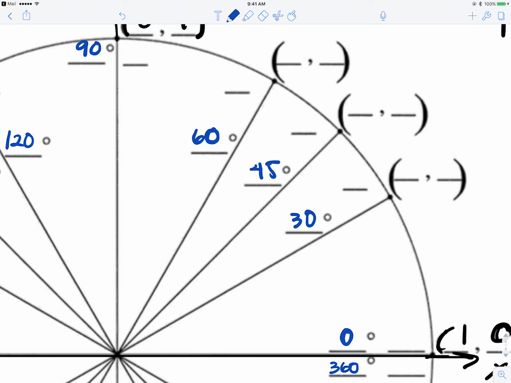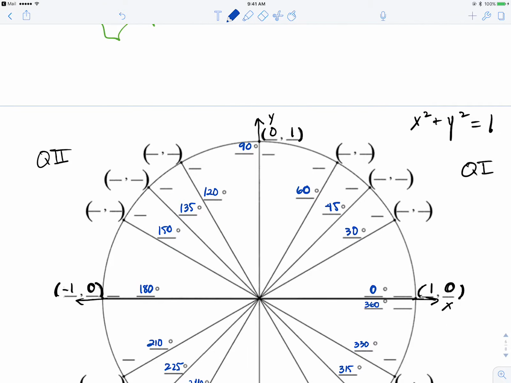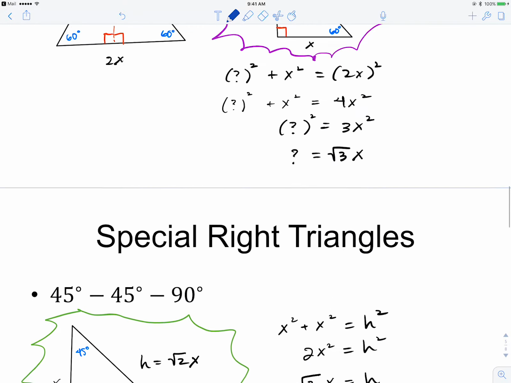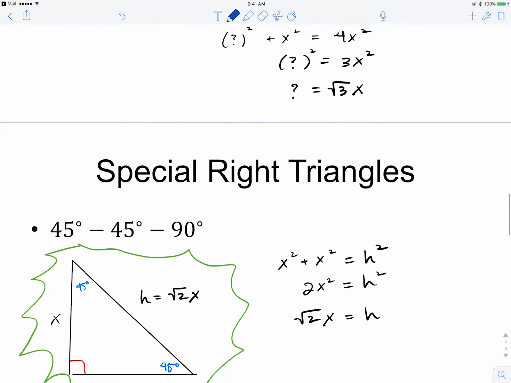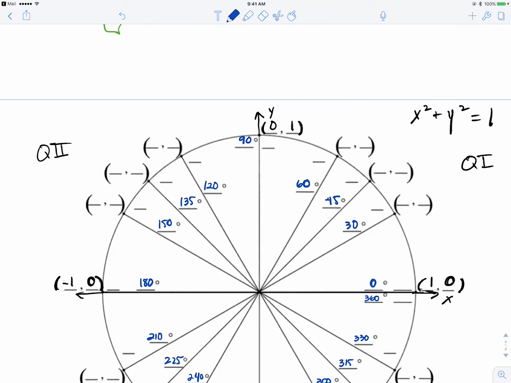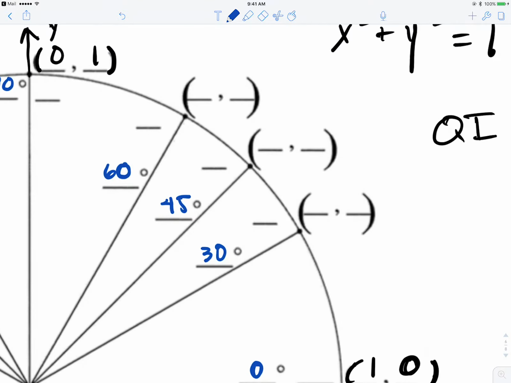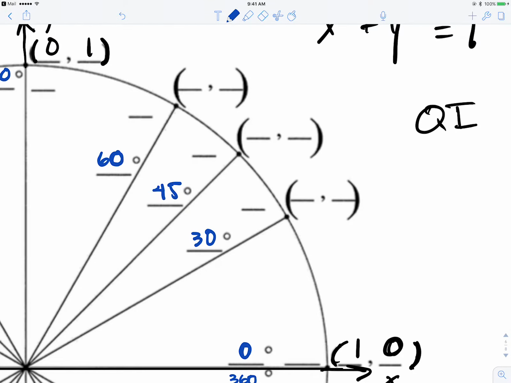Okay, so now I'm going to go back to our special right triangles, and we're going to derive in the first quadrant what these points are.